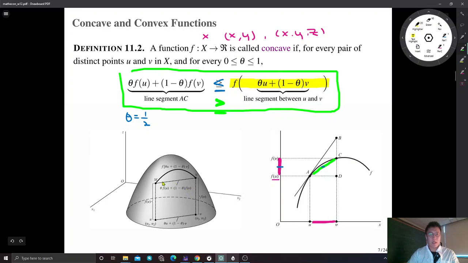In case of a concave function, the graph of the function is always above the line segment. So the concave function can be characterized by this property.